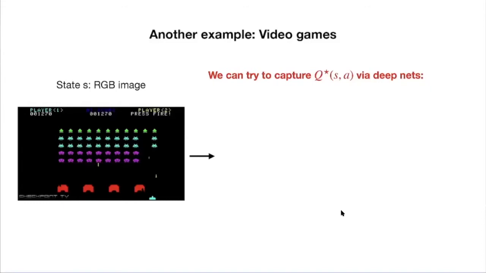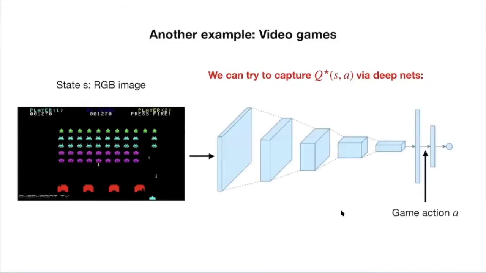An example is that let's just use some convolutional neural network, right? And the input to this convolutional neural network is a state and an action. Here the state is just an image. Let's just feed this RGB image to this convolutional neural network, right? And maybe somewhere along the last layer, let's just append the action information.